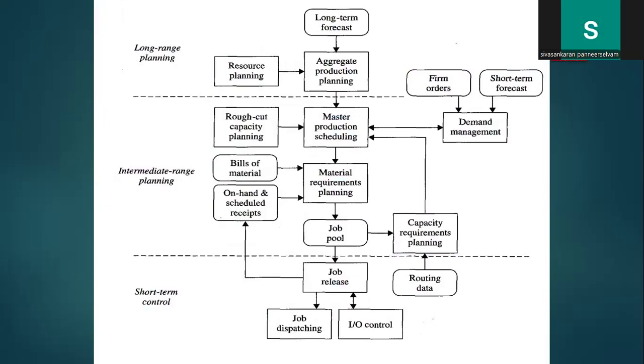From there, they will finally be sent to the distribution center for sales. So this is the plan according to the flowchart representation, which gives clear information about manufacturing resource planning.